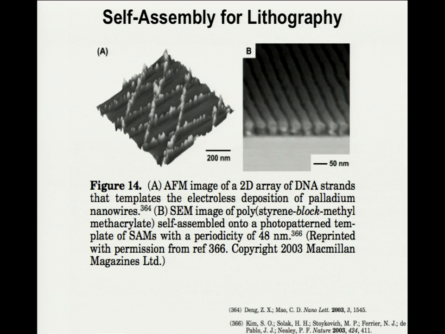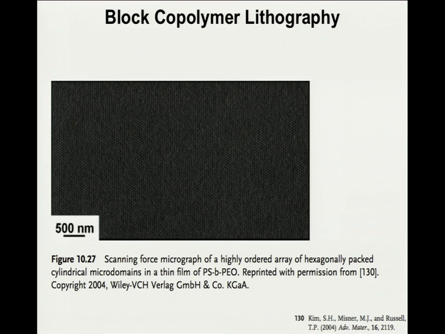You can use DNA polymers as self-assembly to make sub 50 nanometer features. This is an example of block copolymer lithography. I put it on here because we talked a lot about block copolymer. This is the hexagonal microphase, where these are perfectly registered PS-polyethylene oxide block copolymer.